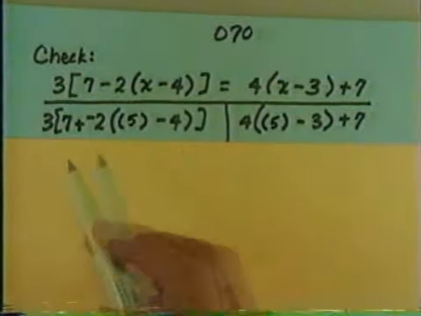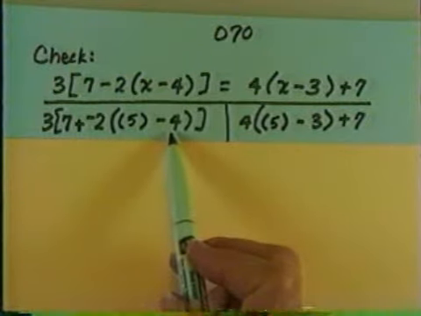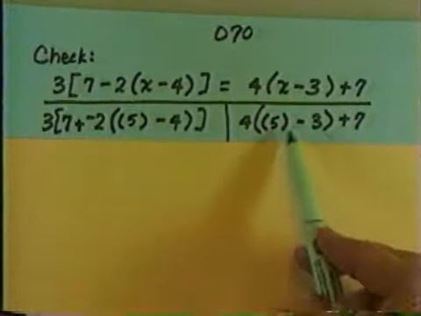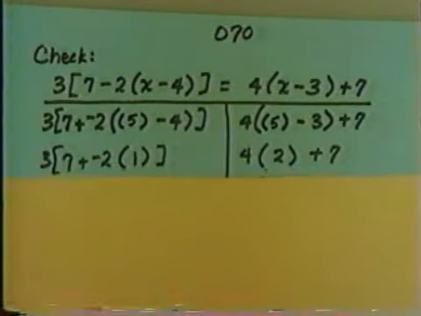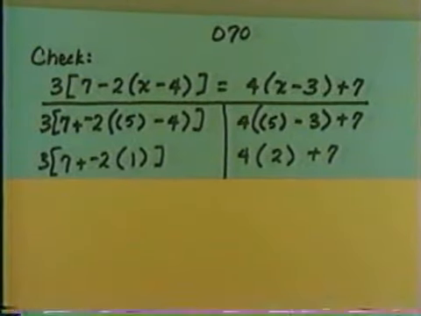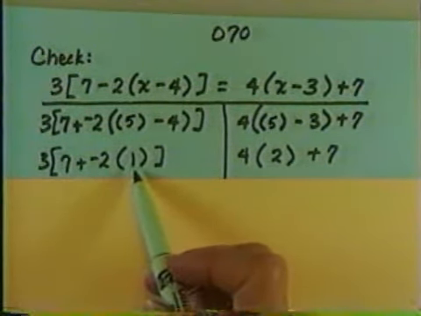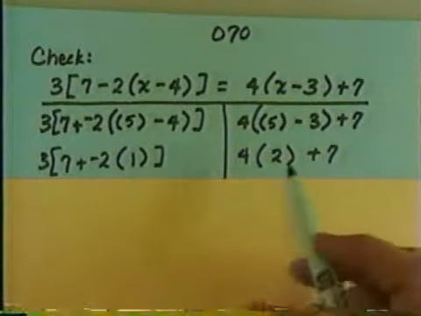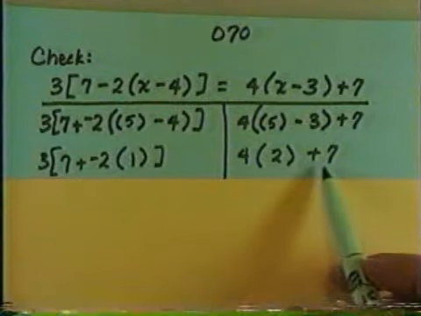Then we simplify on each side. On the left-hand side, working inside the parentheses, we'll get 1. On the right-hand side, working inside the parentheses, we'll get 2. So that gives us, on the left, 3 times, in brackets, 7 plus negative 2 times 1. On the right-hand side, 4 times 2 plus 7.